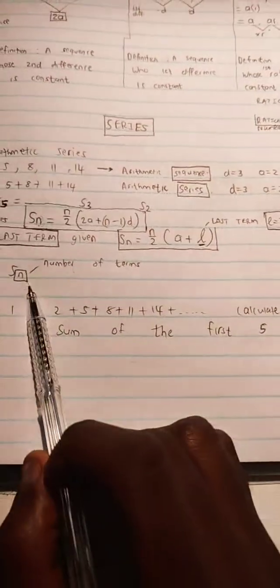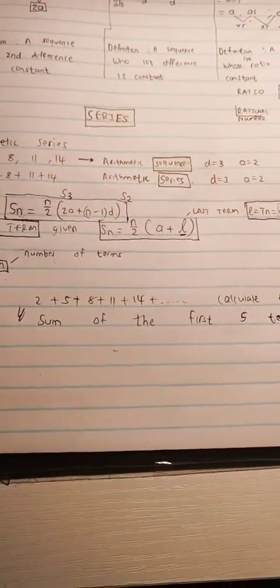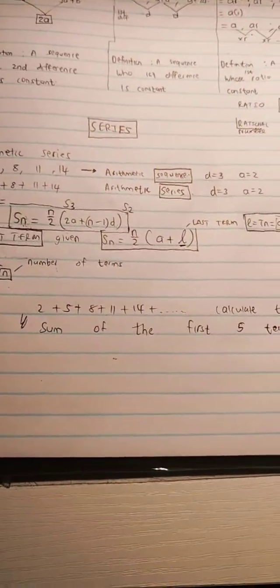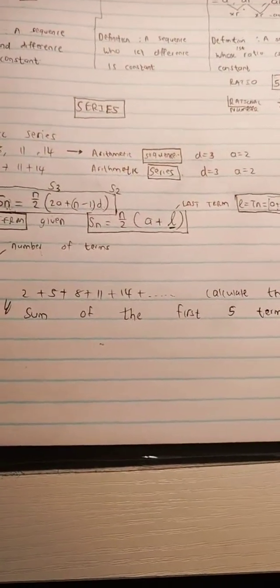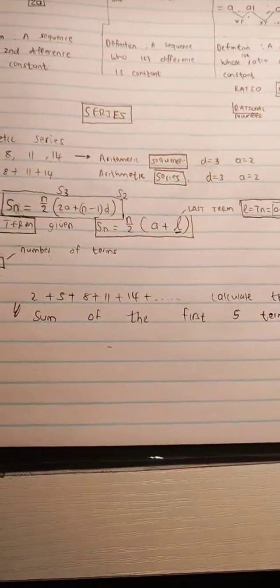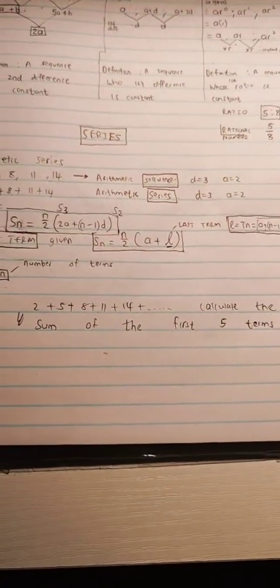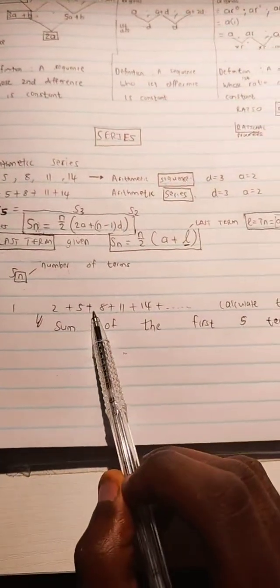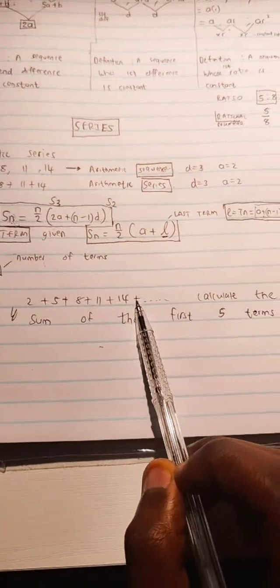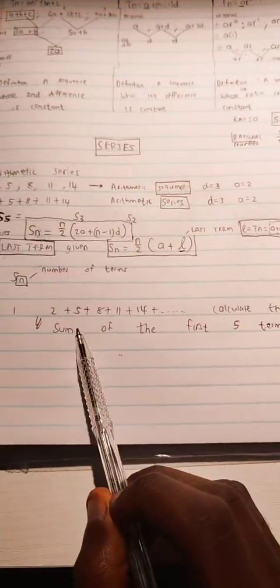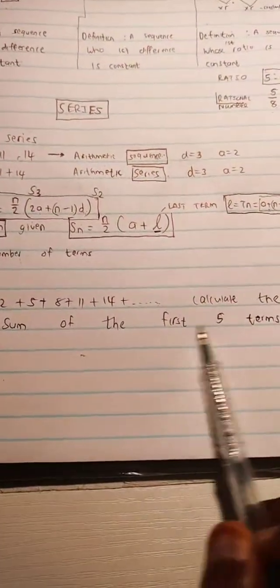So guys, I know we can actually add these values, but for the sake of exercising the formula, let's put it into practice. Calculate the sum of the first 5 terms.